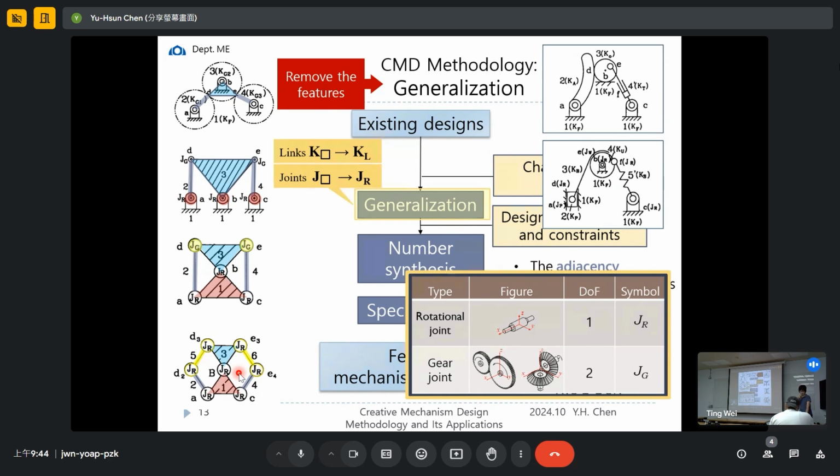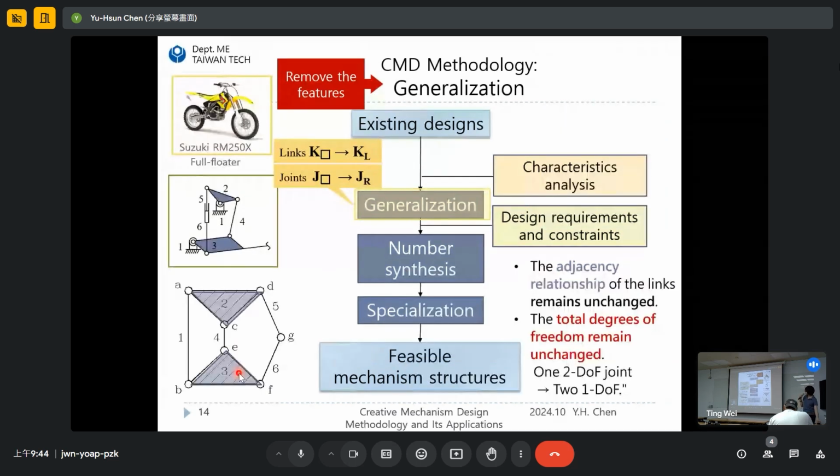And let's apply this step to our example, the Suzuki rear suspension. If we apply that to this example, the rear suspension has six links and 7 joints, so we can make it from here to here. Take a look at, for example, link number 2.